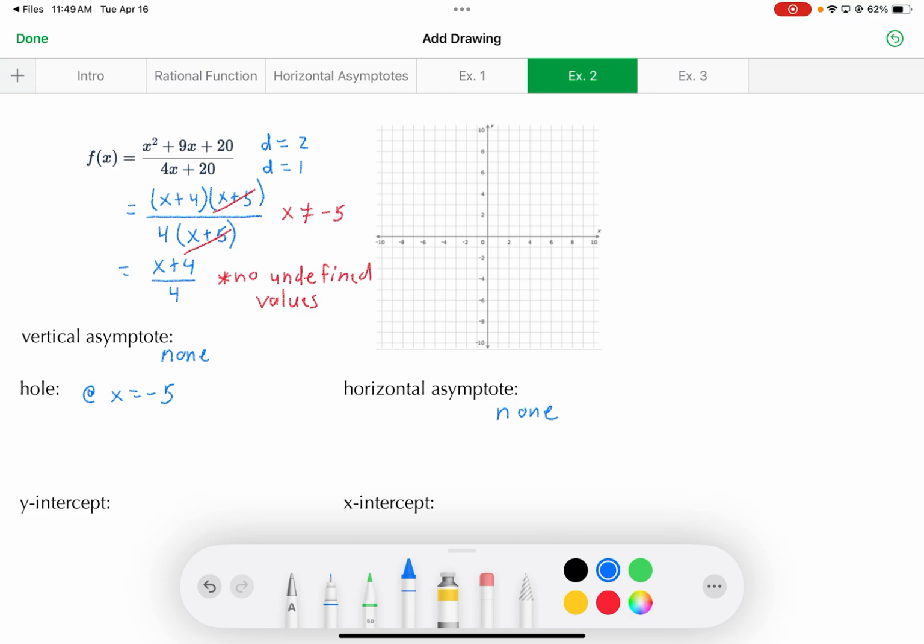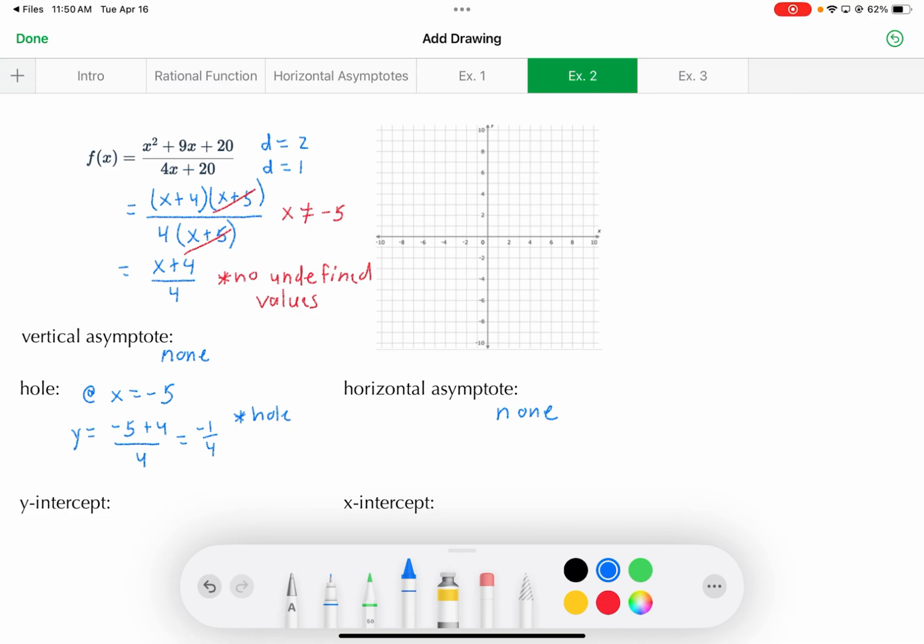Okay, now remember, a hole is also referred to as a point of discontinuity. It's supposed to be an ordered pair with an x and a y. So to get the y coordinate, I will plug -5 into the simplified version of this function. So -5 plus 4 over 4. That's going to give me -1/4.